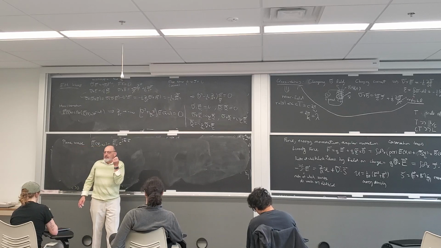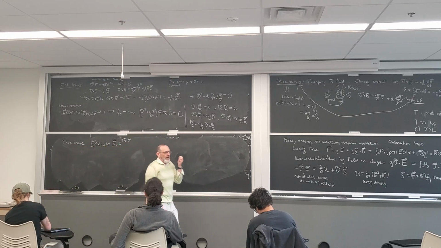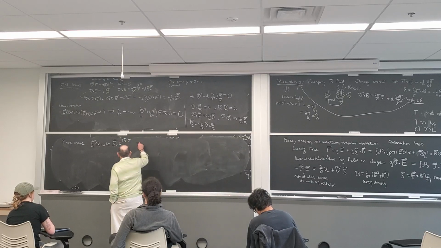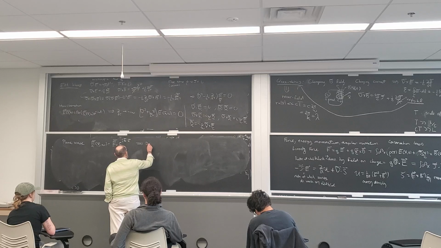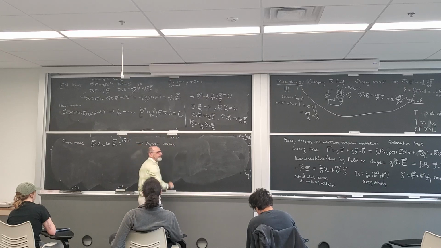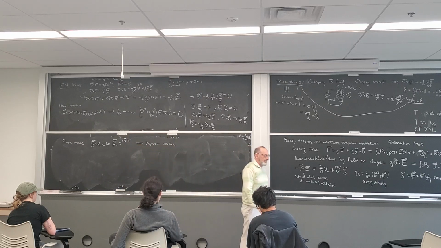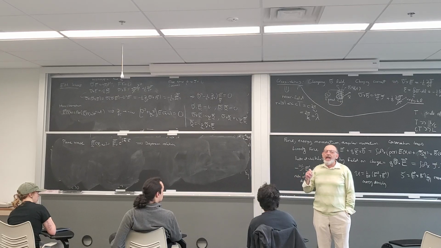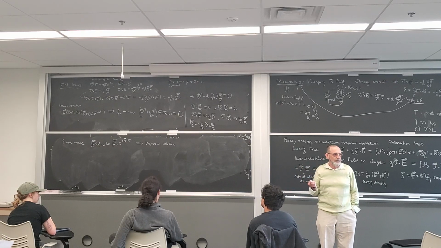So, we have a plane wave, we have a dispersion relation. What is a dispersion relation? It describes how k changes with respect to omega. It's the relationship between k and omega. Okay.